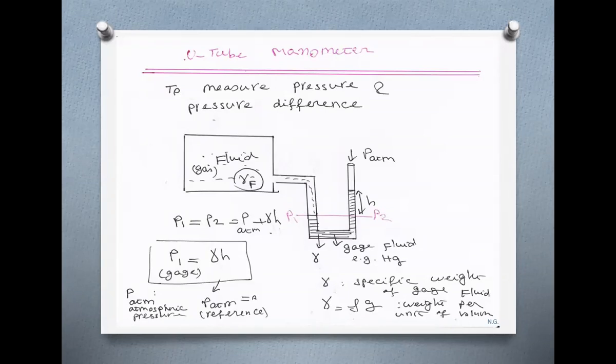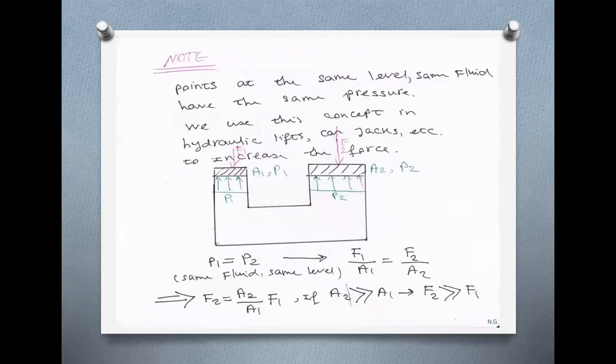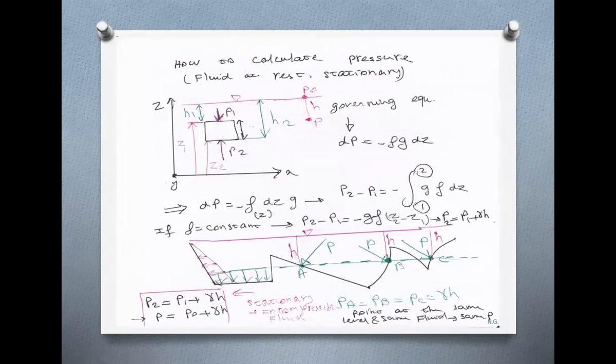But we don't care that the fluid has motion in the pipe. Fluid is stationary within the U-tube, and we can use what we just learned in order to calculate pressure when the fluid is stationary. This formula you can only use if the fluid is stationary, because no motion or friction.